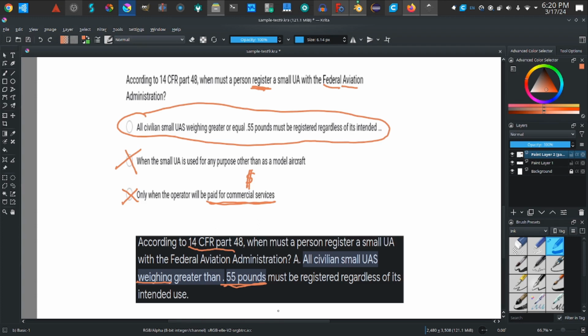But if it weighs a little over half a pound, you've got to register it, no matter what. So that's the answer: all civilian small aircraft weighing greater than or equal to 0.55 pounds must be registered regardless of its intended use. So that's it, my good people.